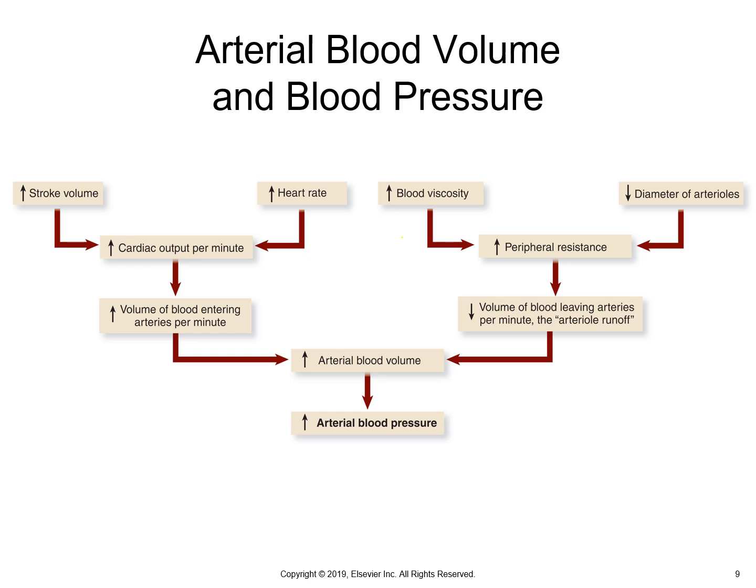So the key takeaways are that heart rate and stroke volume control how much blood enters our arteries. Resistance, in terms of thickness of the blood and also the artery width, is going to control how much blood is allowed to leave. So when more blood stays in the arteries, we know that blood pressure is going to rise.